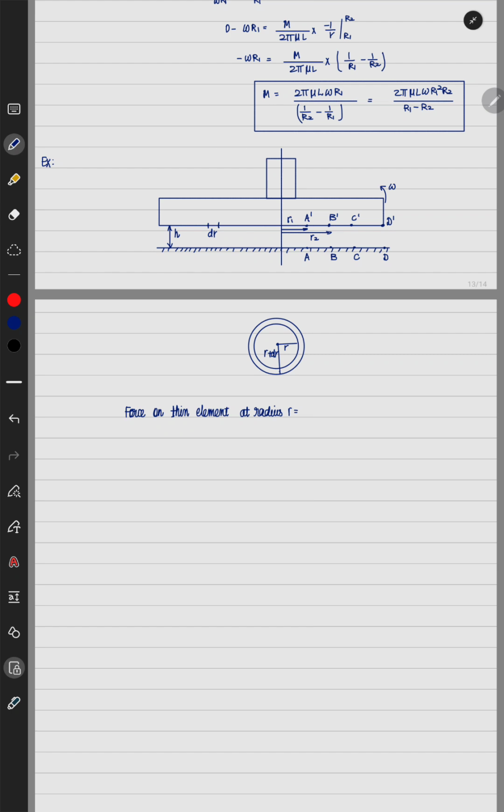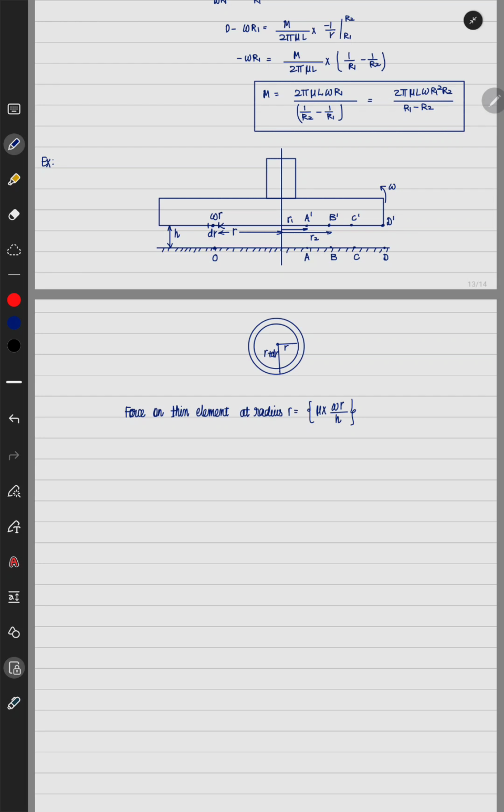What is the total shear stress acting? mu into omega r divided by h. At radius r we have a thickness dr, so this element will be moving at a velocity omega into r, and this is at 0. So the velocity gradient is omega r minus 0 divided by h.